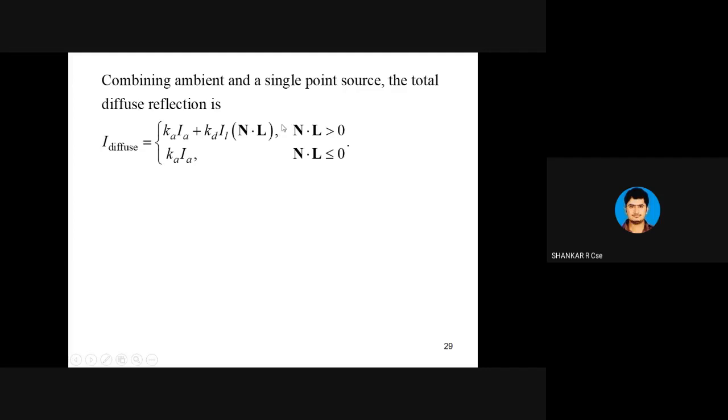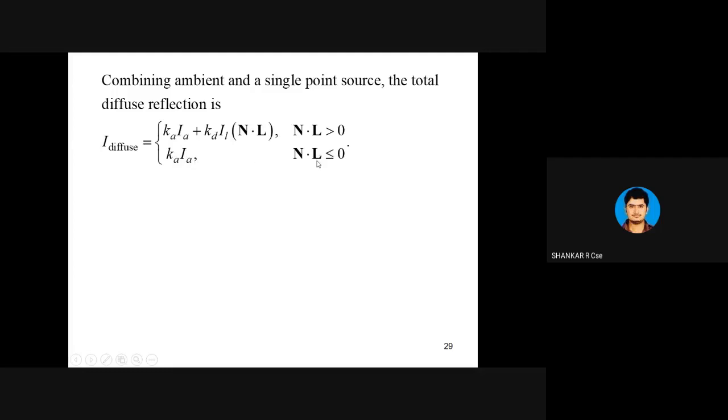Since we have not done specularity yet, let us put it this way: the intensity of your diffusion reflection is ambience plus diffusion if the cos theta is greater than 0. If cos theta is less than 0, I can see only my ambience, since the diffusion is 0, so I write KAIA plus 0. That is the reason I'm writing KAIA.